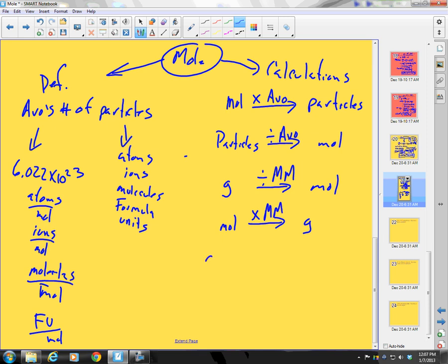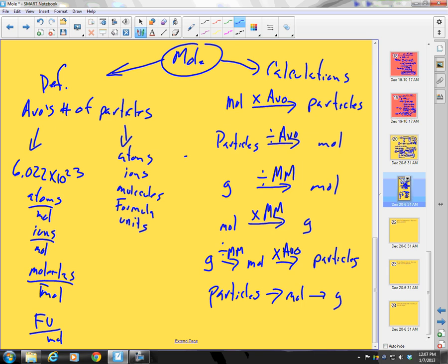I can go from grams to moles to particles: I divide by molar mass and multiply by Avo. Or I can go from particles to moles to grams: I divide by Avo, and I multiply by molar mass.